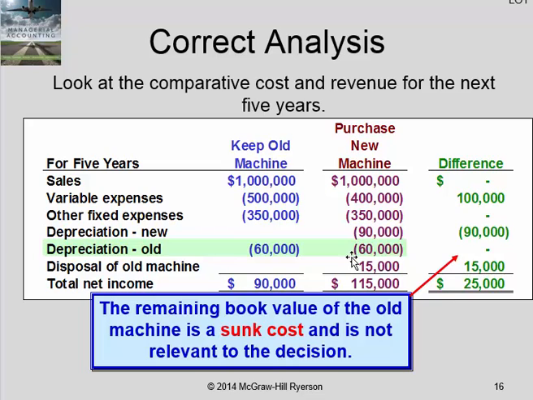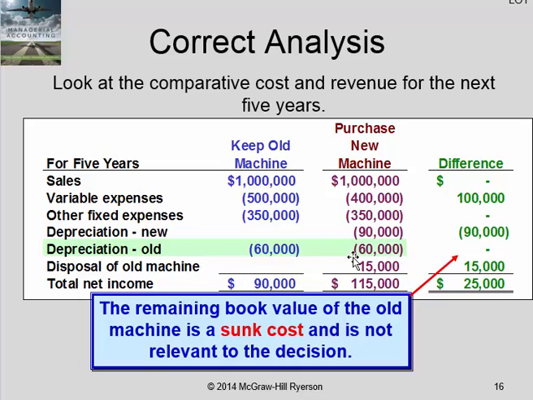So whether we spread it out over the 5 years or we record it all at once on the disposal of the old machine, that $60,000 is going to be recorded as an expense one way or the other. So it is not going to change. It's not a relevant cost for the decision because it's the same among the two alternatives.